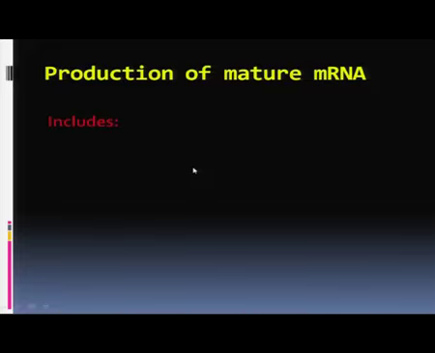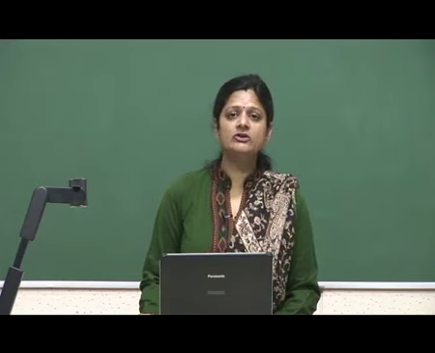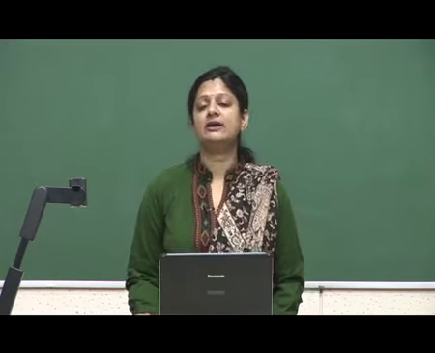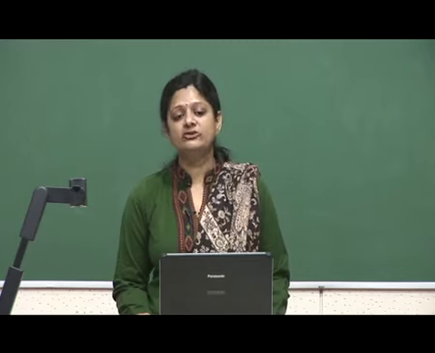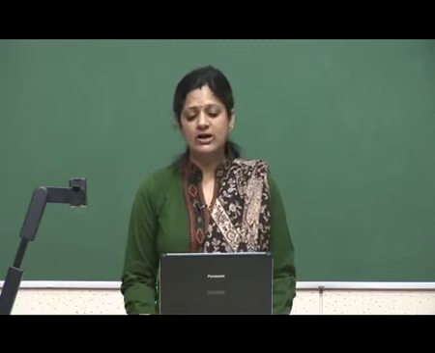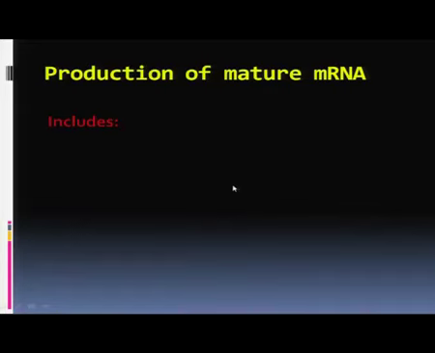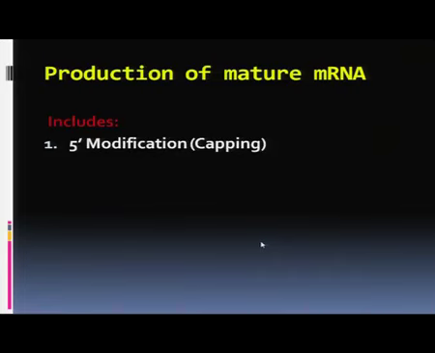Now, how is the mature messenger RNA produced? In eukaryotes, after transcription pre-messenger RNA is synthesized, which has introns as well as exons. Now, how are these introns removed and how are the exons spliced to form mature messenger RNA? The production of mature messenger RNA includes 5' modification, which is known as capping.